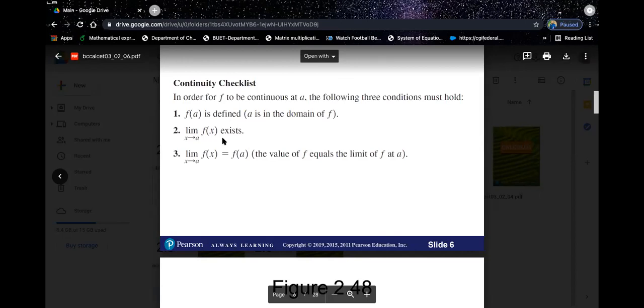And last but not the least, as we have seen from the definition, the limit at that point has to be equal to the functional value. As you can see in the brackets, the value of f equals the limit of f at a.